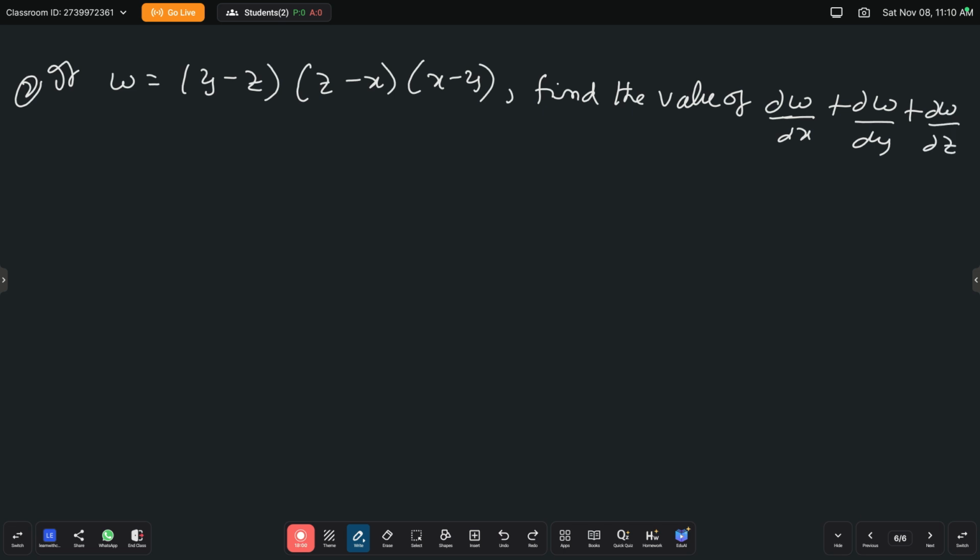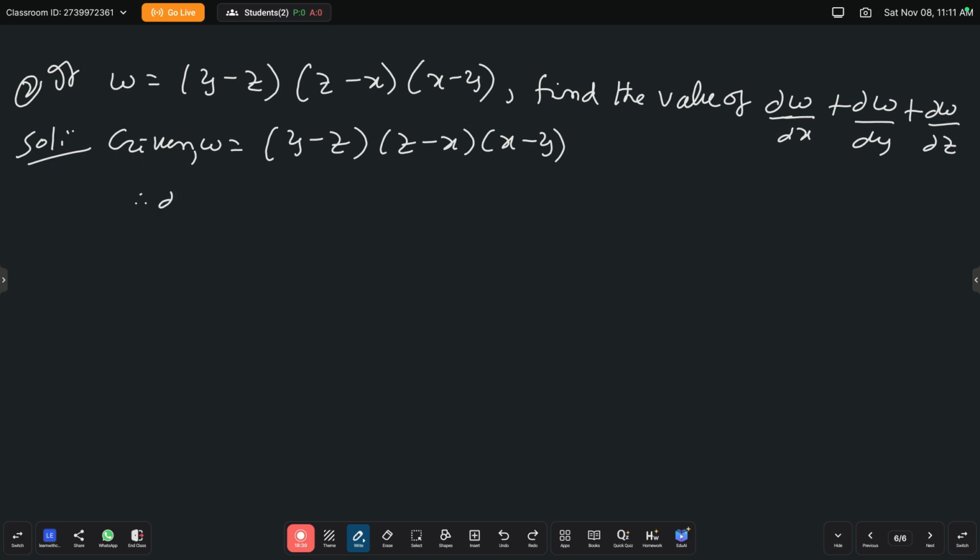So w is (y minus z)(z minus x)(x minus y). Find the value of ∂w/∂x plus ∂w/∂y plus ∂w/∂z. Now the solution. The given function is w equals (y minus z)(z minus x)(x minus y).